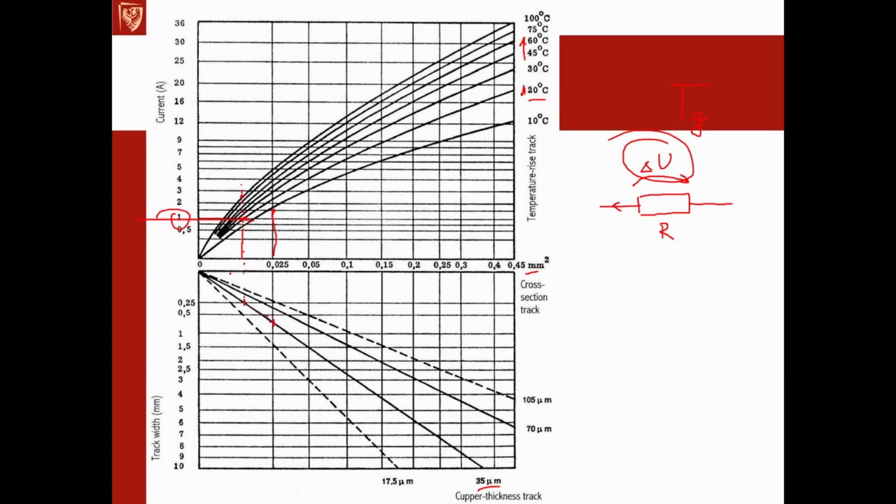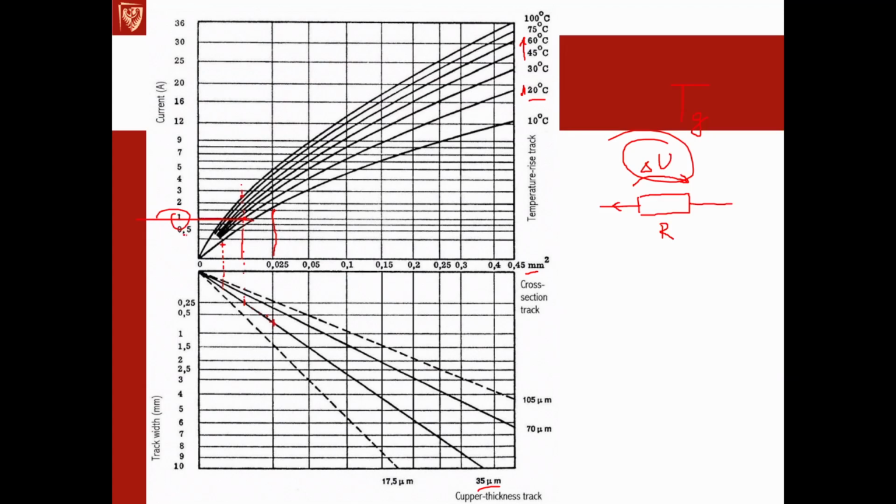And of course, on the other side, be warned about these very tiny tracks. So 4 mils is somewhere here, and through a 4 mils track only small currents like 0.1 amp or even lower can flow.